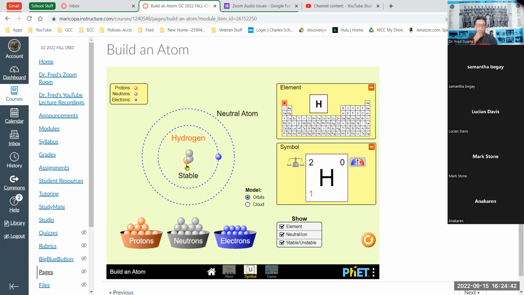Now, let's go back to regular old hydrogen. Note that the charge is 0. If I take that electron away, hydrogen now has a plus charge. It becomes what we call an ion. And these ions are nothing more than these neutral elements that have either gained or lost electrons, either a positive or a negative charge.